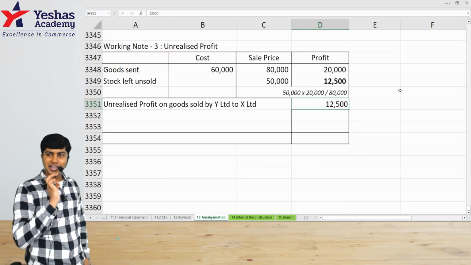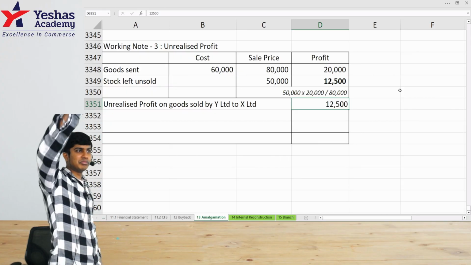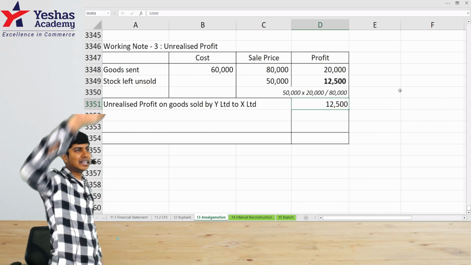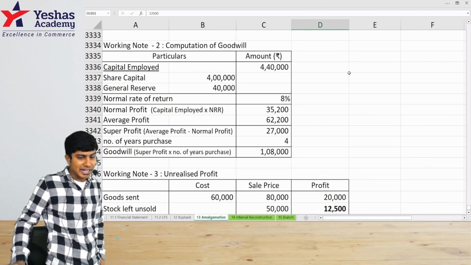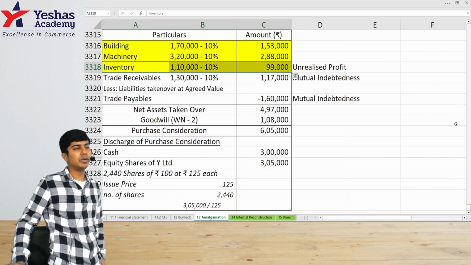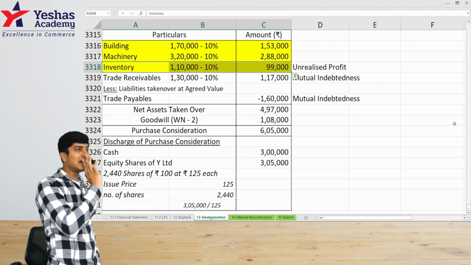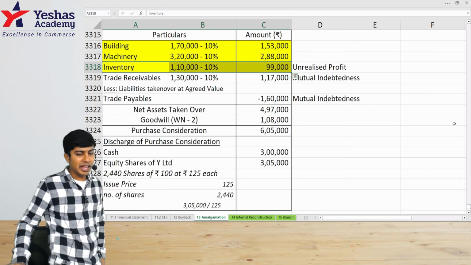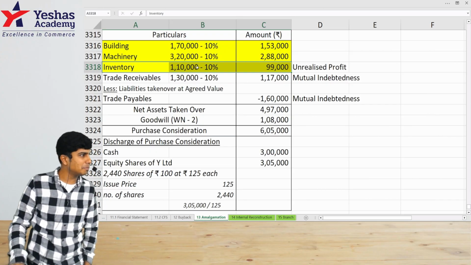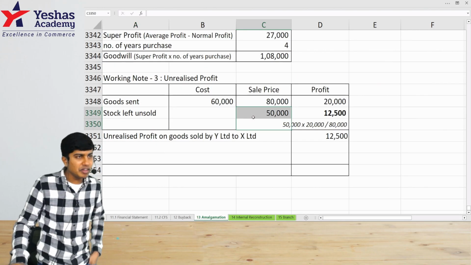On another day, you would have taken this 12,500, deducted it from that inventory of 99 and taken to balance sheet. But 99 is not book value, 99 is agreed value. Already we've deducted 10%, on entire 1,10,000 we've deducted 10%. Am I right?